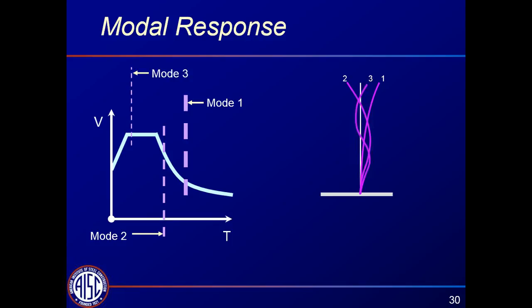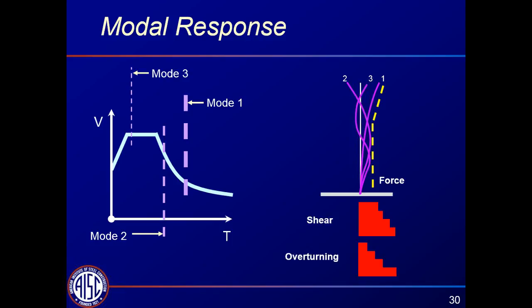And you can look at them in a simplified way, the way the code does, applying these modal periods to a response spectrum. And you can draw an envelope of the forces. You can draw shear and overturning diagrams based on modal combination.